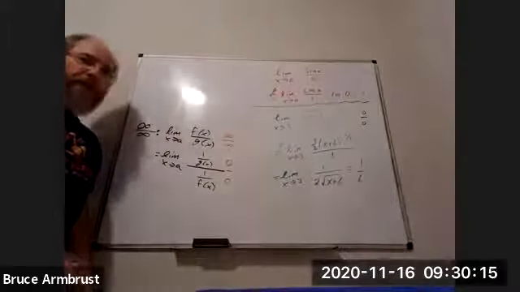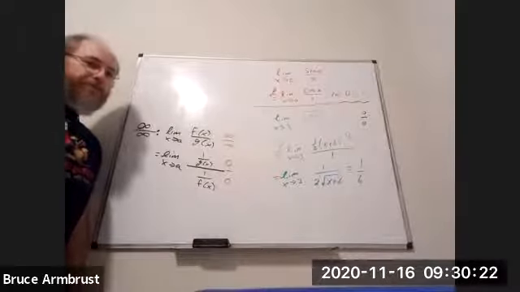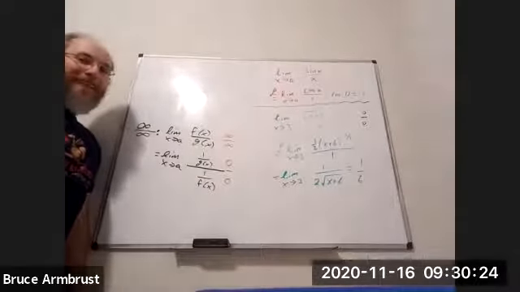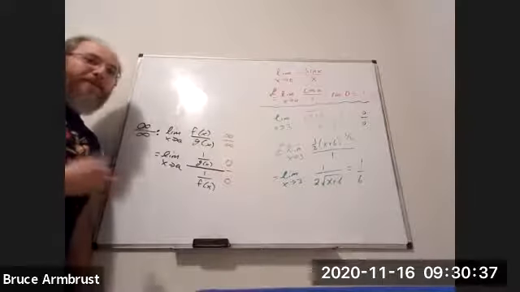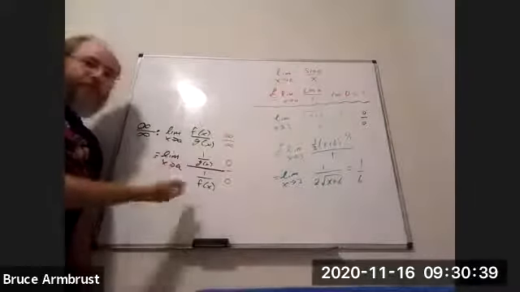Hey, wait a minute. That sure looks like the indeterminate form for L'Hopital's rule. And it is. So infinity over infinity actually is the same as 0 over 0. I know it doesn't feel like it, but it is. It does exactly the same thing. It's got exactly the same structure.